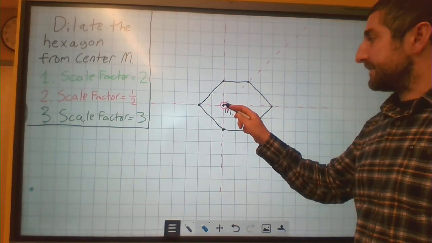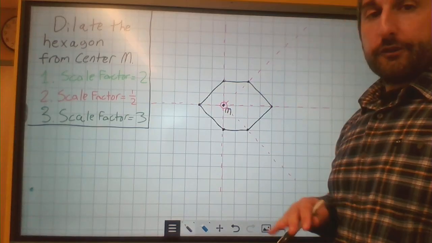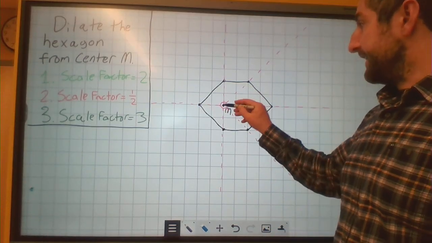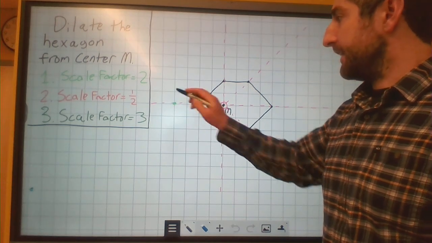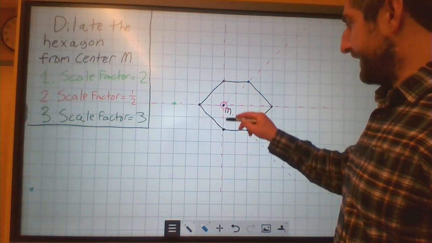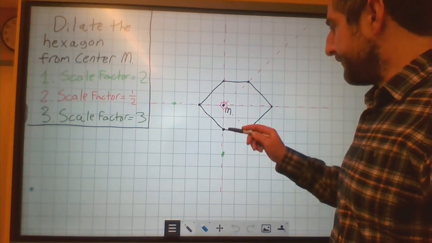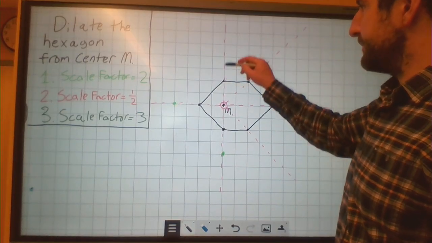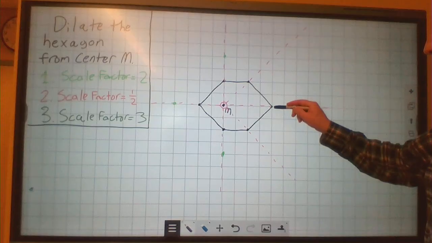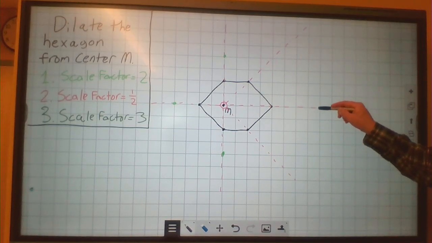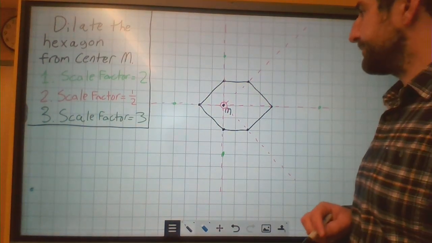Now, some of these distances are just in the cardinal direction, so those are super easy. Here we have 2 to the left. Well, that's going to become 4 to the left. It's going to double. Here we have 2 down. That's going to become 4 down. Here we have 2 up. That'll become 4 up. Here we have 4 to the right. That's going to become 8 to the right as it gets doubled.